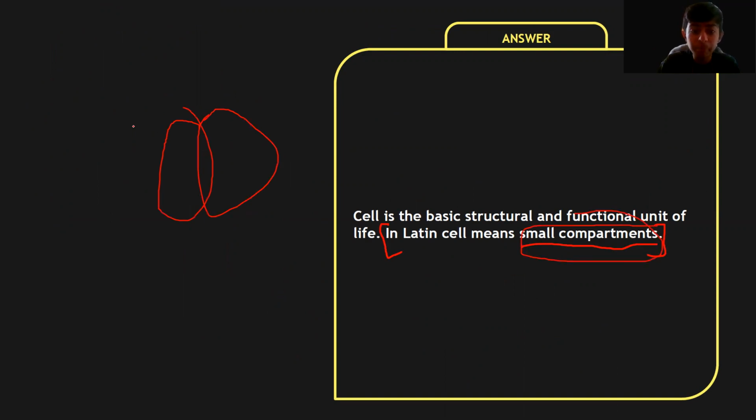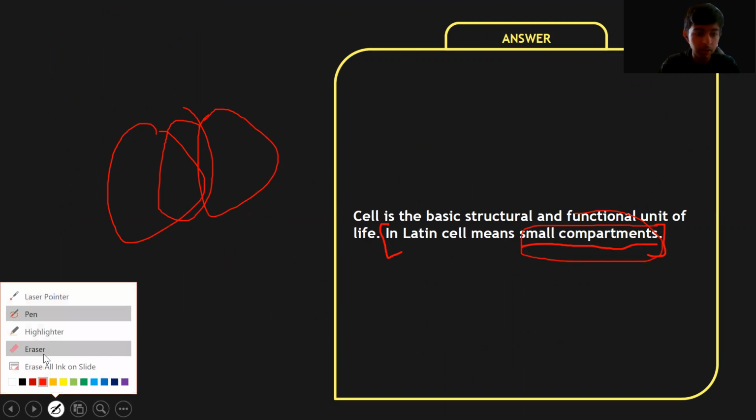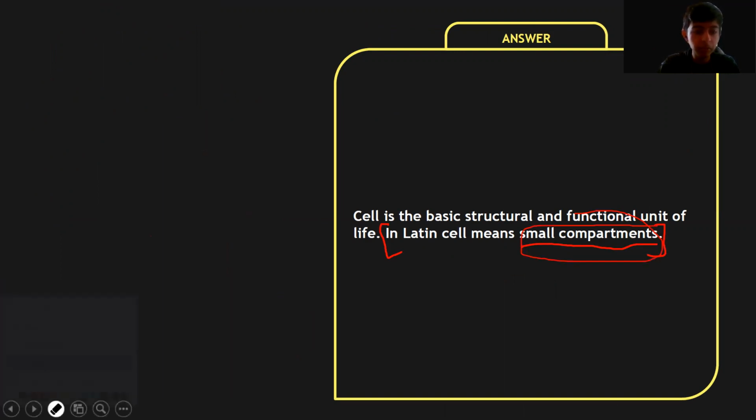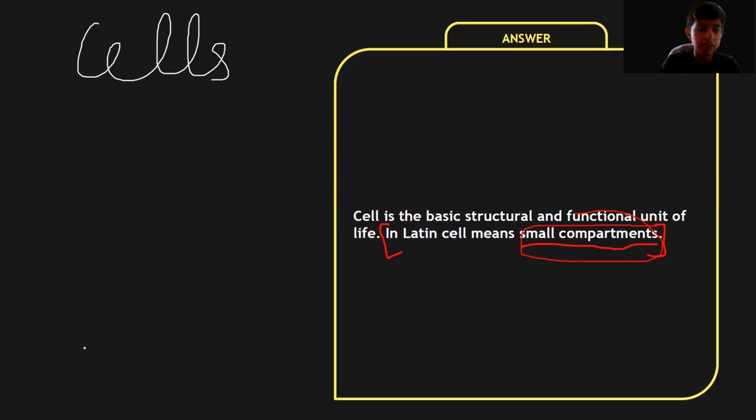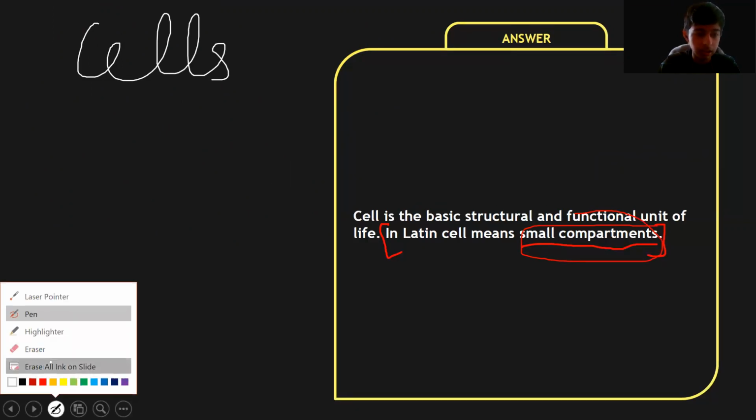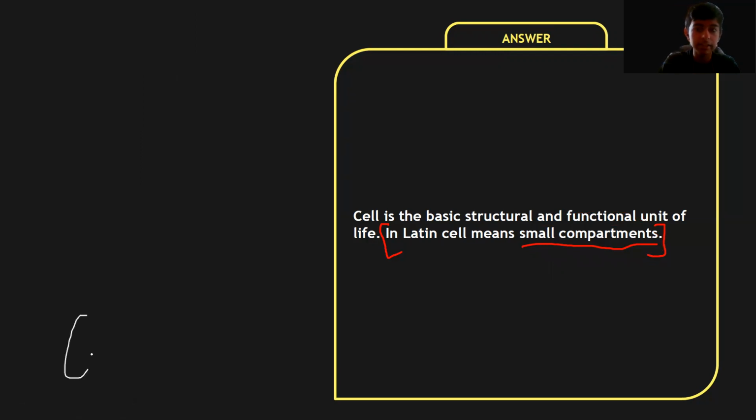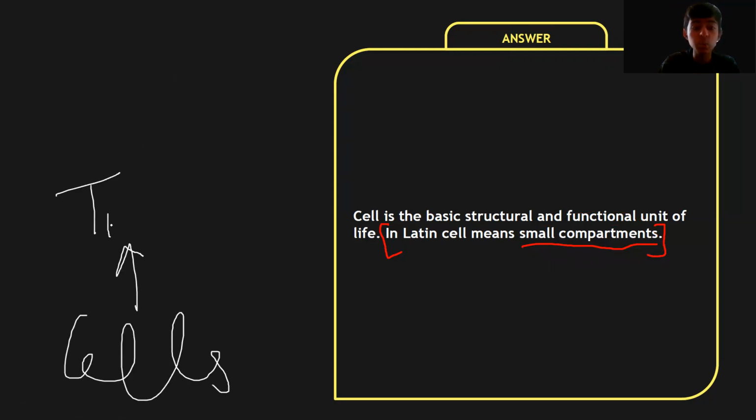Together they form tissues. Let me make that table if you would like to see. First, we have cells. Then with cells, tissues. Then tissues form organs.